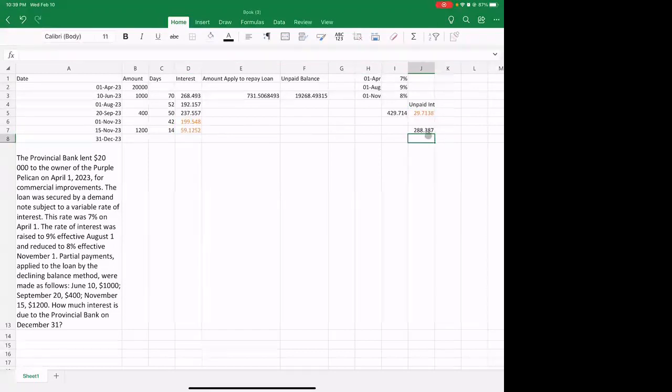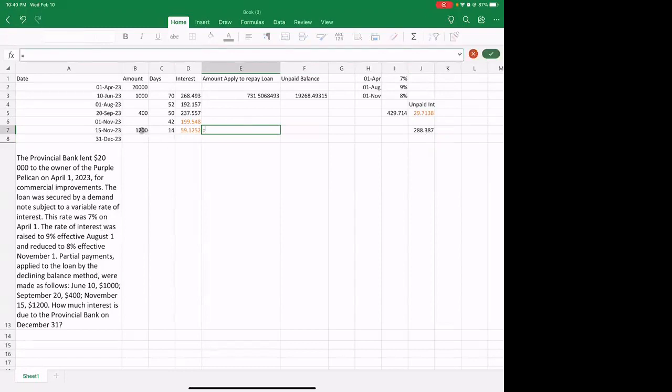$288. And then on November 15, you make a payment of $1,200. So the amount applied to the loan is 1,200 minus 288.